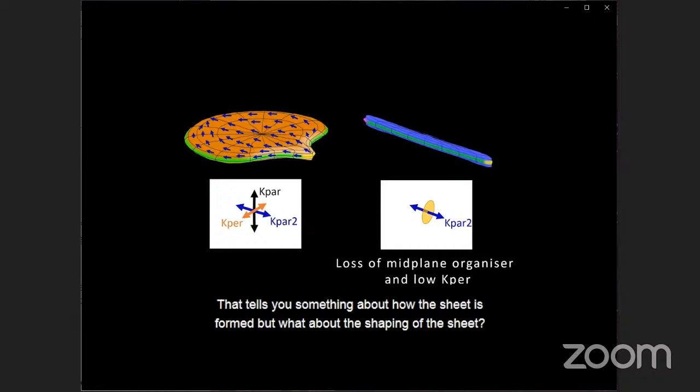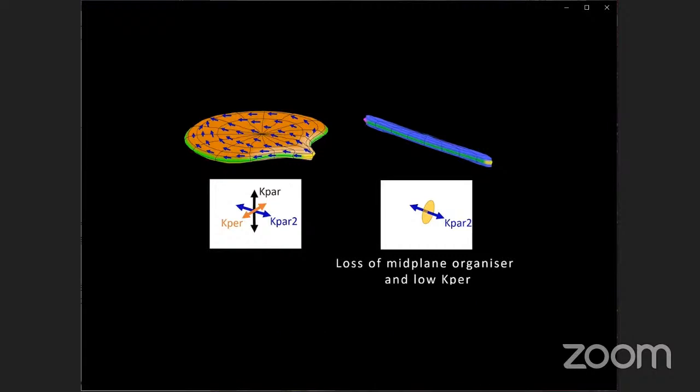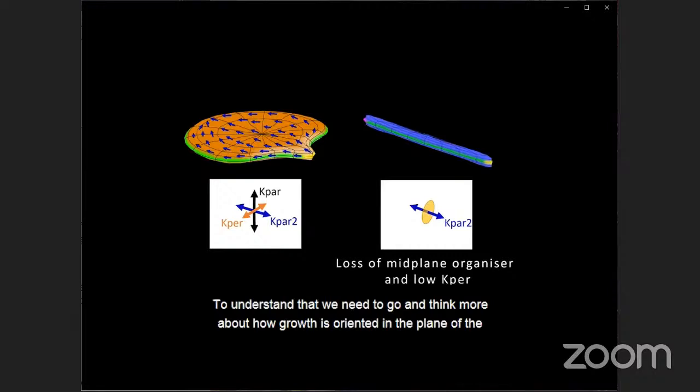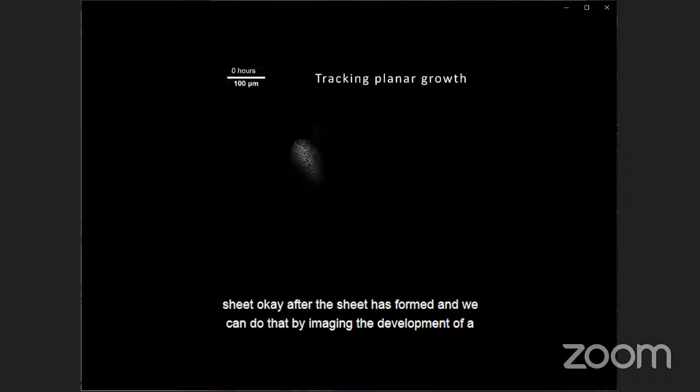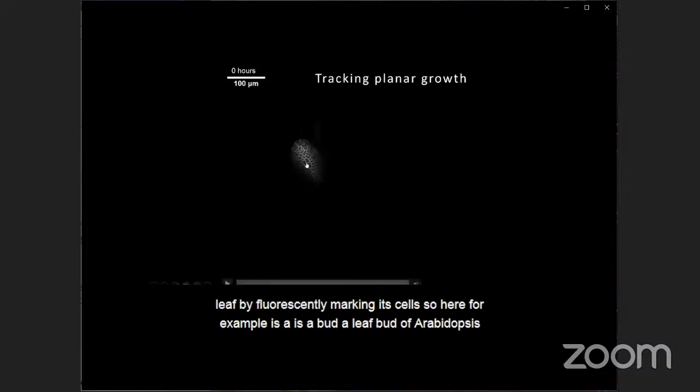That tells you something about how the sheet is formed, but what about the shaping of the sheet? Why does the sheet get shaped to produce a leaf with its characteristic outline? To understand that, we need to think more about how growth is oriented in the plane of the sheet, after the sheet has formed. And we can do that by imaging the development of a leaf by fluorescently marking its cells.